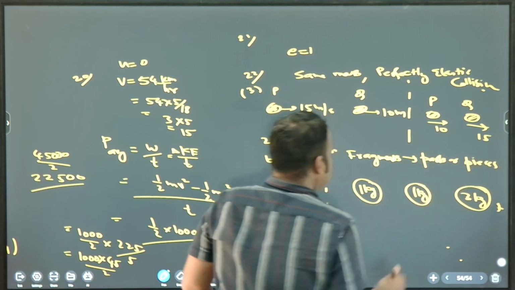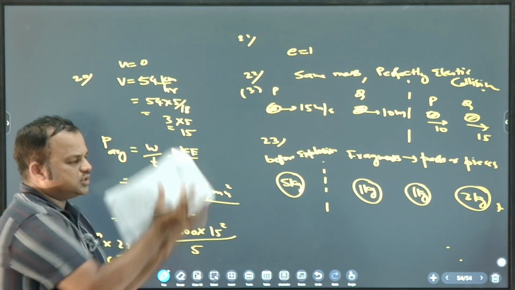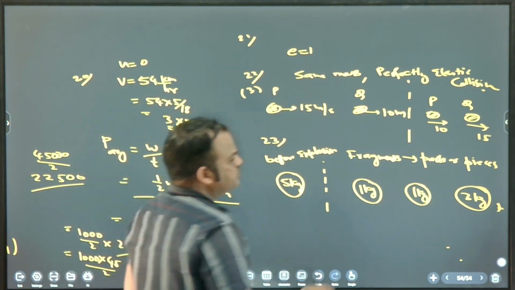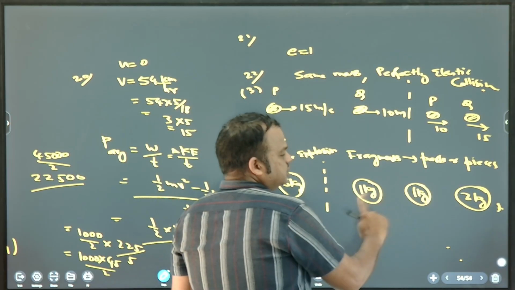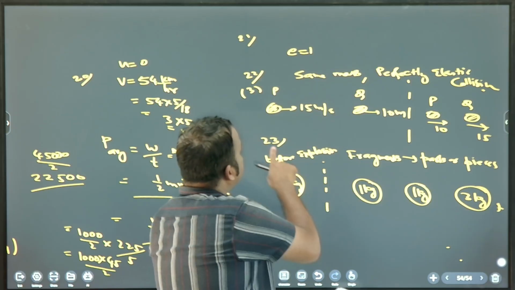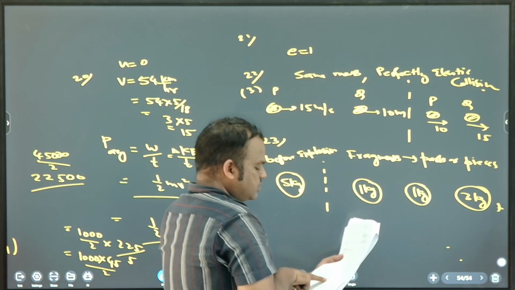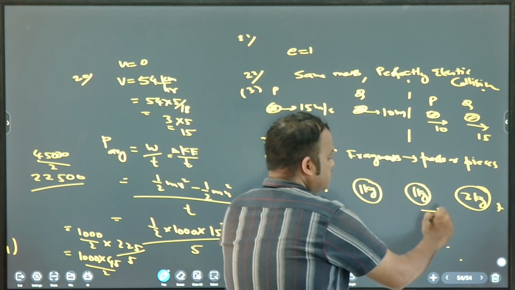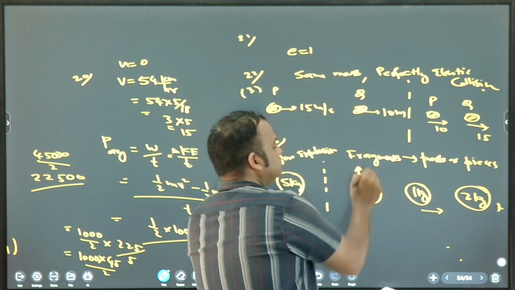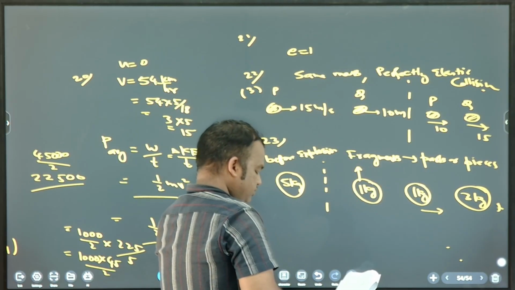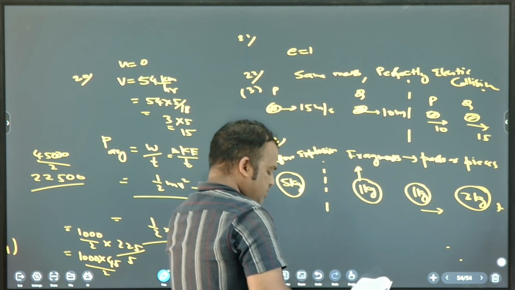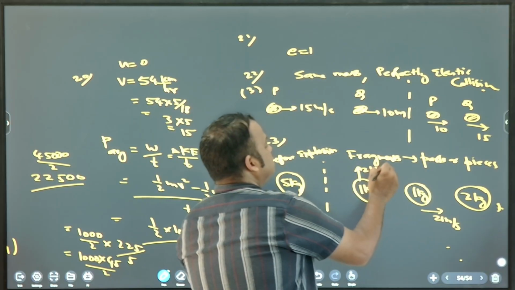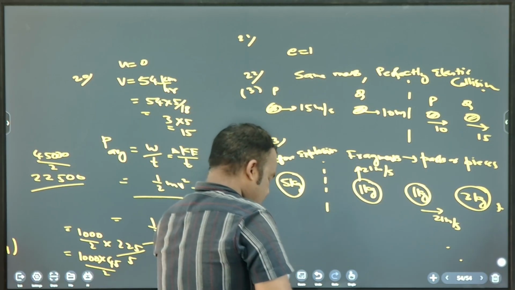When something explodes, you see one part going there, another part going there. The same masses go perpendicular. Suppose this one is going right side, so this one is going upward, with velocities 21 meter per second, and this is also 21 meter per second.